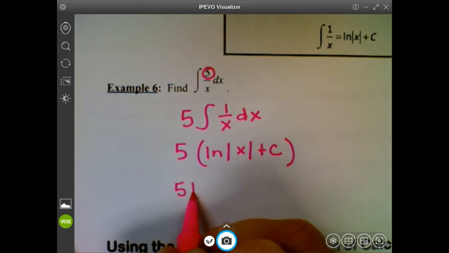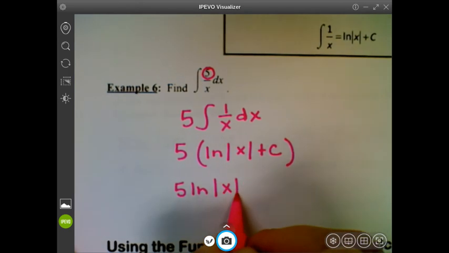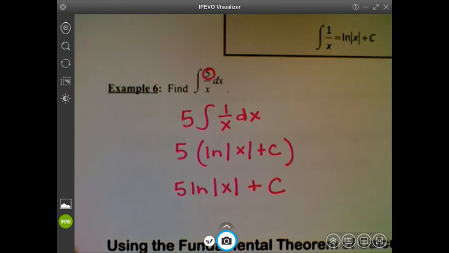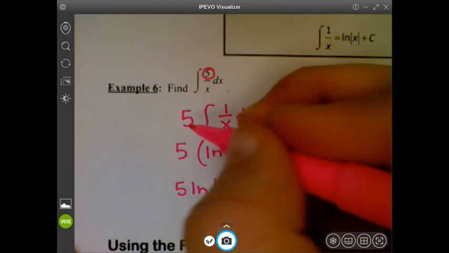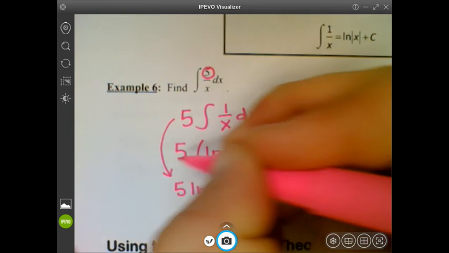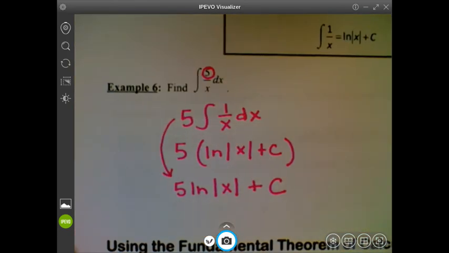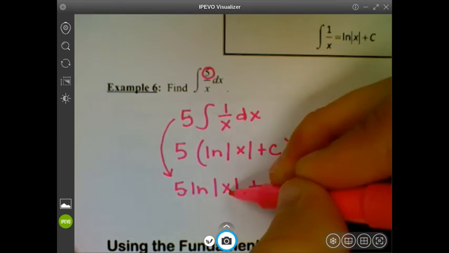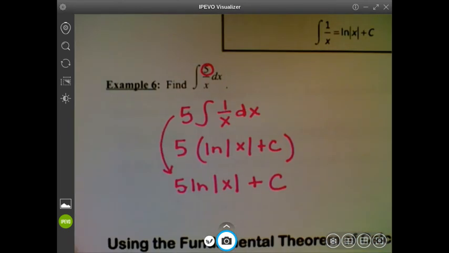And then 5 times a constant, we're just going to go ahead and say that that is still a constant. So you can go from here to here and kind of skip that step. So this would be 5 ln of the absolute value of x, and then don't forget your plus c.